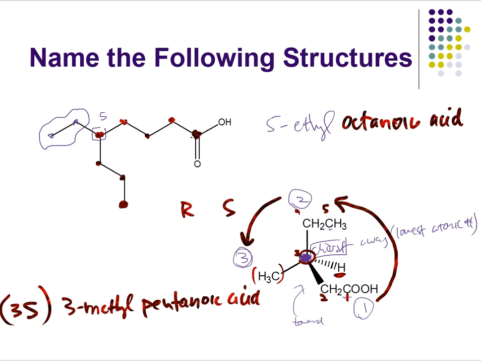This goes counterclockwise, but we have to understand, okay, it's flipped. It's really going clockwise. Therefore, that is the R rotation. So S is counterclockwise around that chiral center, and R is going to be clockwise around that chiral center. That's what we're after there.